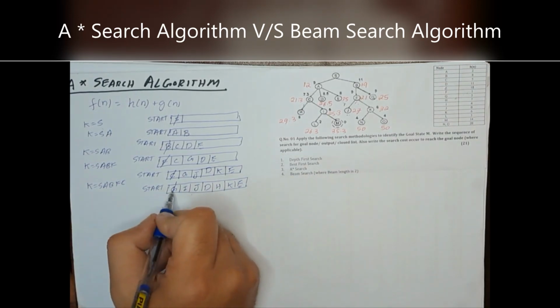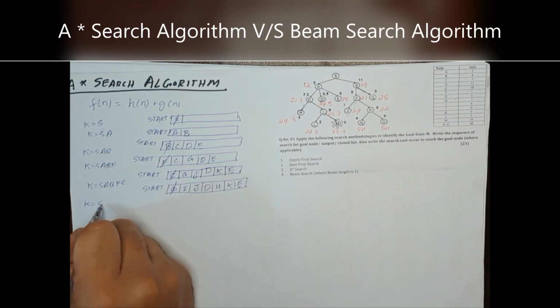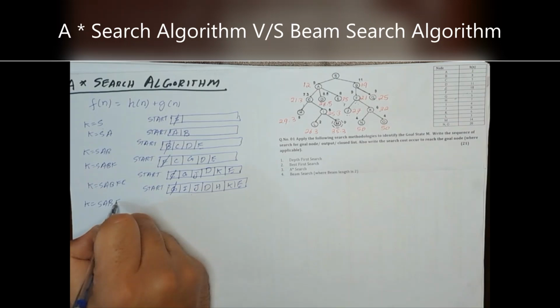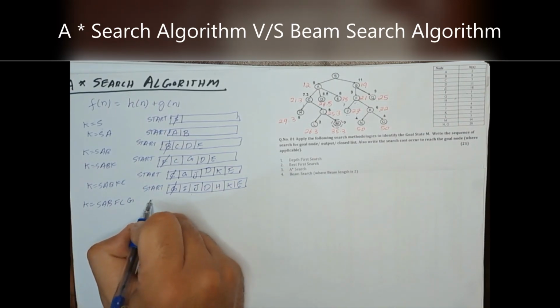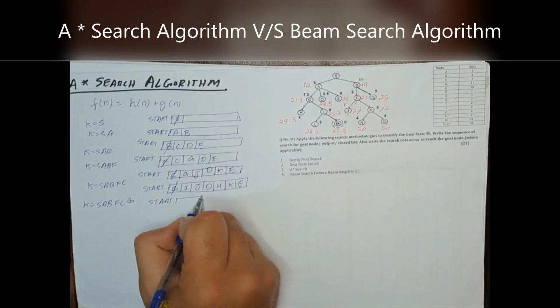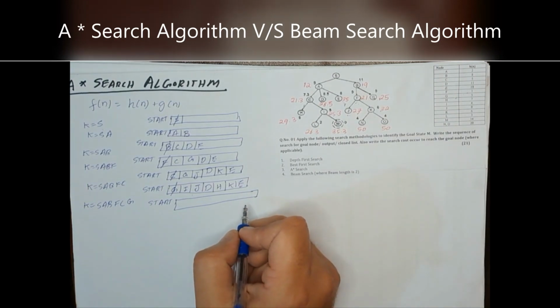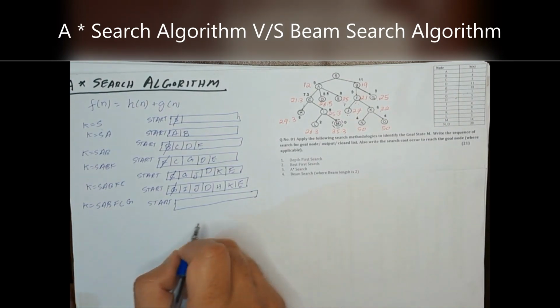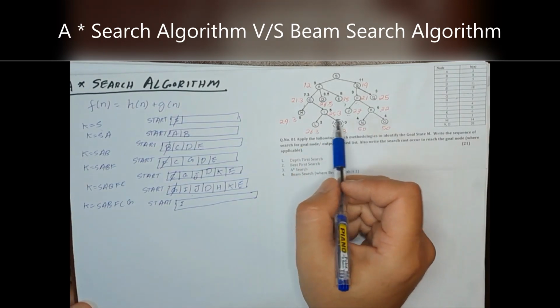Now this time we are going to take the first element again from our start list and give its value to our variable K. So here we have this G. Now the new start list will be I, J. Does G have a successor here?